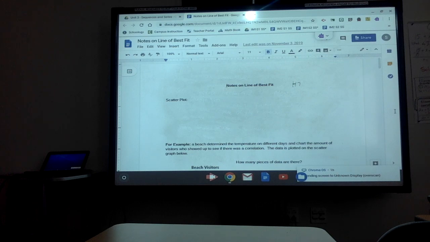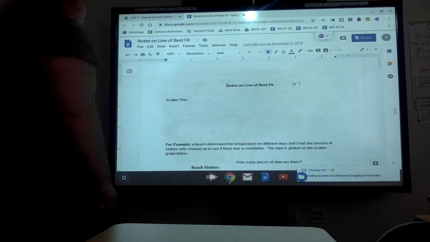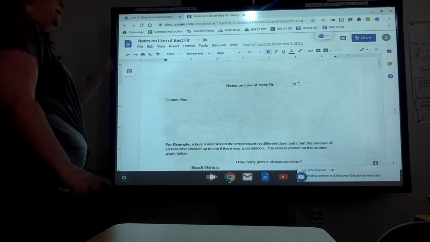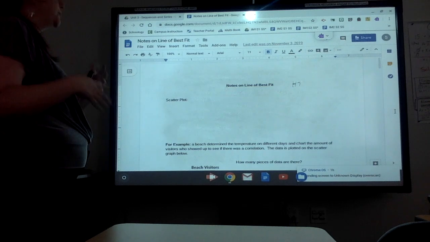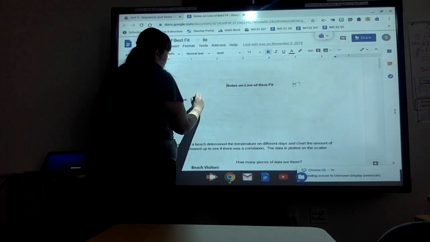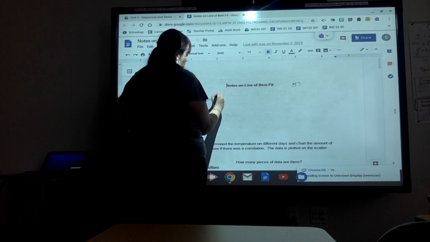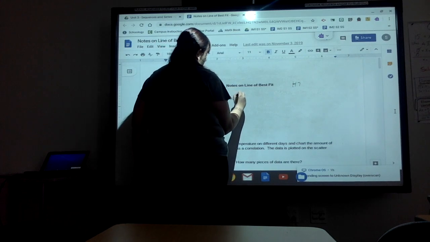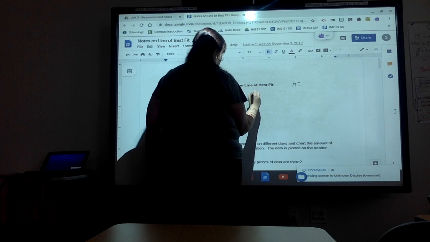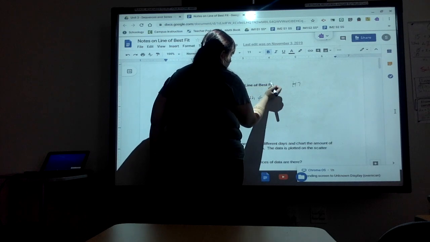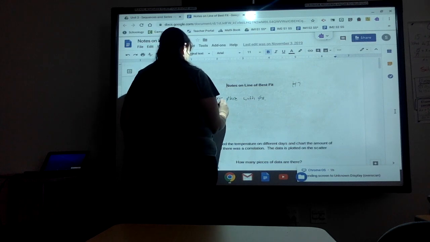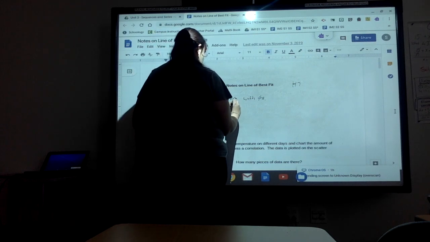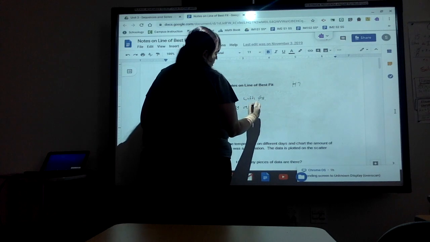So first of all, line of best fits take place on scatter plots. And what a scatter plot is, is a coordinate plane that has tons of dots on it, but they're all scattered. They're like everywhere. They don't follow a certain pattern. So a coordinate plane with the points not following a strict pattern.